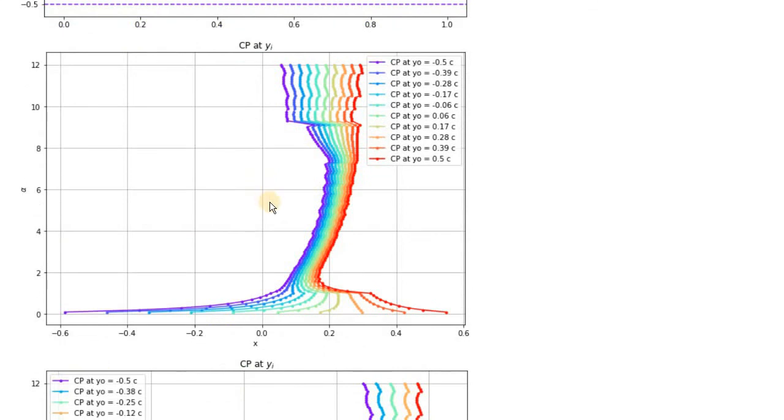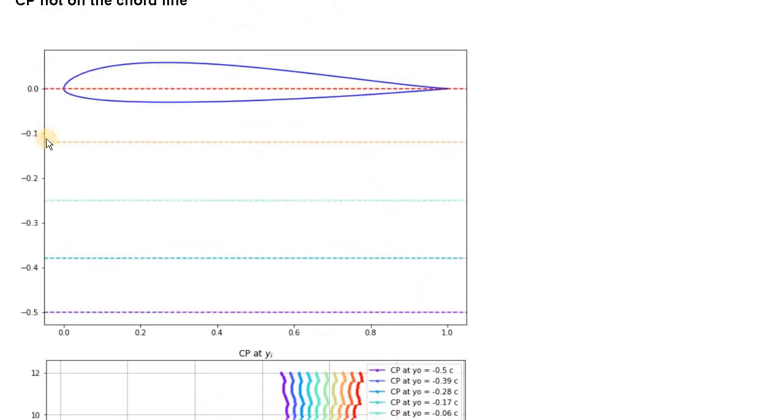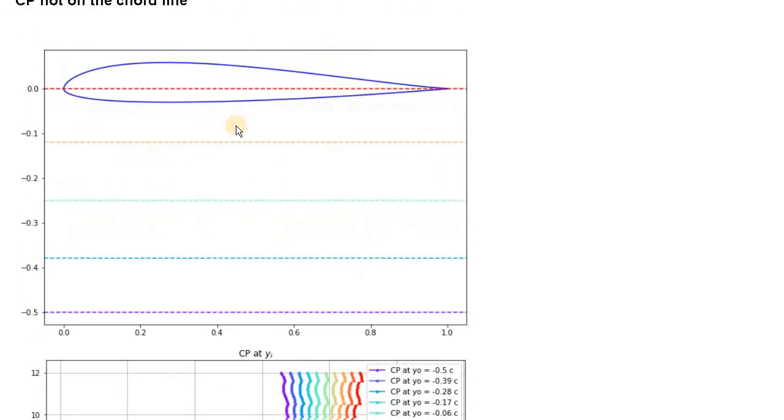So in this particular case, here is the position of the line on which we are going to look at the center of gravity, and basically the location of the center of pressure point. If you look at this curve, you will see that for the different lines, in this case the line is below the airfoil and is located 0.5 chord length, so basically half of the chord.